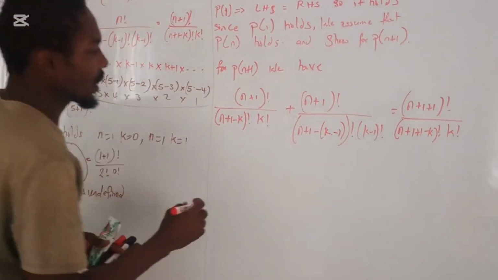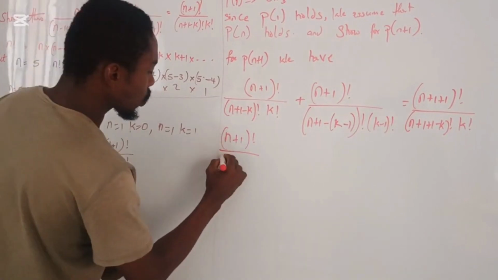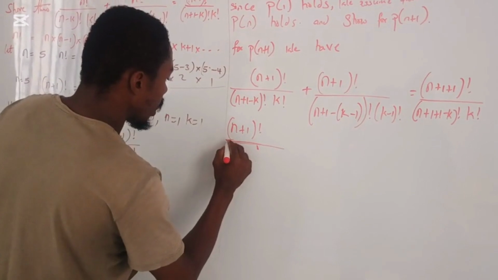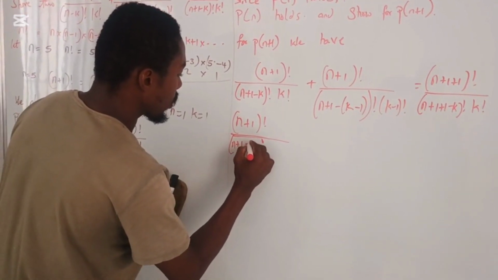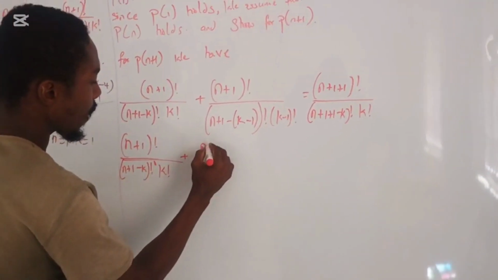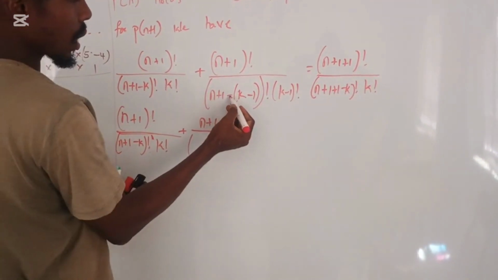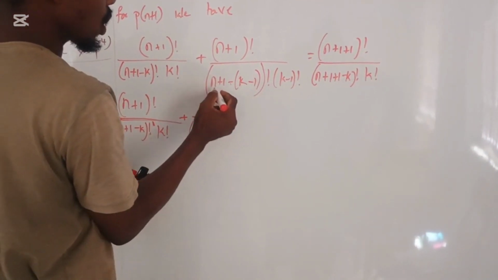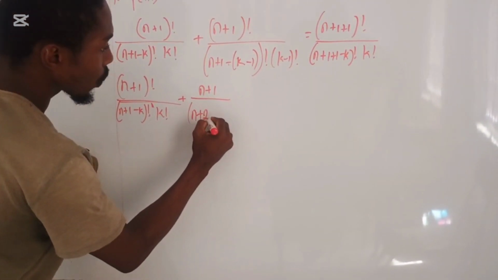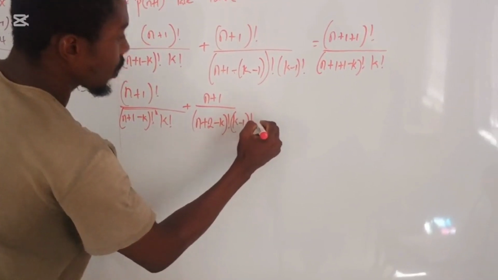Alright, so now the next thing we do: here is (n plus 1) factorial all over (n plus 1 minus k) factorial, k factorial, plus (n plus 1) factorial all over, when you open this bracket, minus times plus is minus, minus times minus is plus, so here is (n plus 2 minus k) factorial, (k minus 1) factorial.